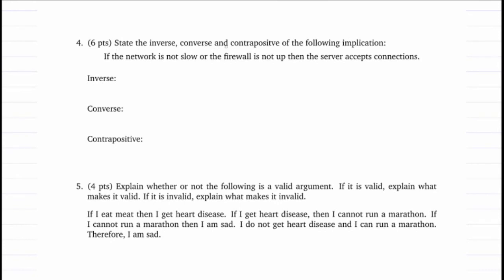It asks us to state the inverse, converse, and contrapositive of the following implication. It is an implication A implies B because it says the if then right here.